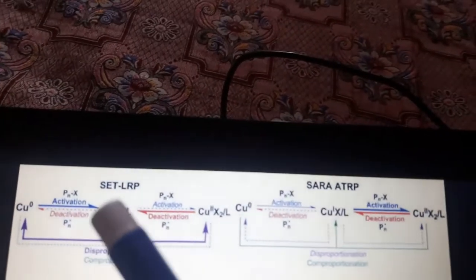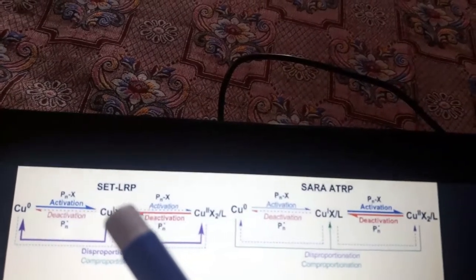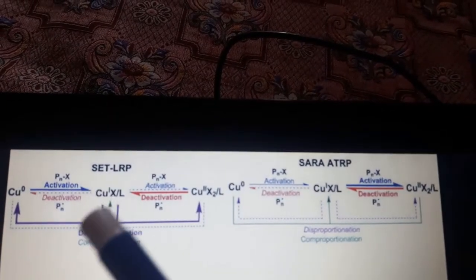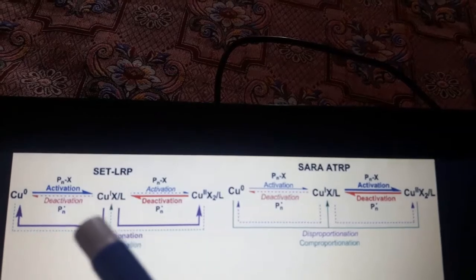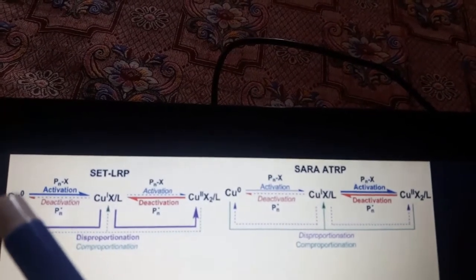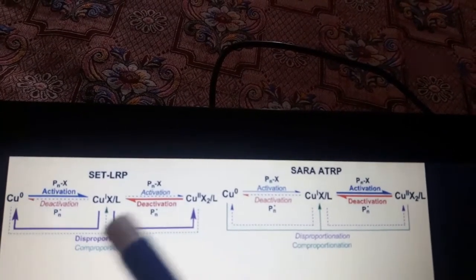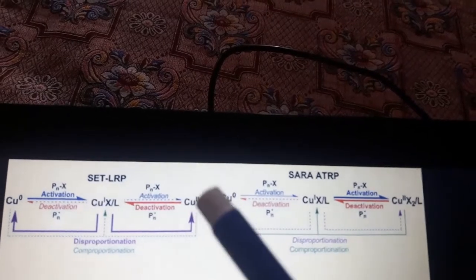Now you can see the single electron transfer living radical polymerization, in which the same species, that is copper in the +1 oxidation state, is going to reduce, that is, going to copper in the zero oxidation state. At the same time it is going to copper in the +2 oxidation state.